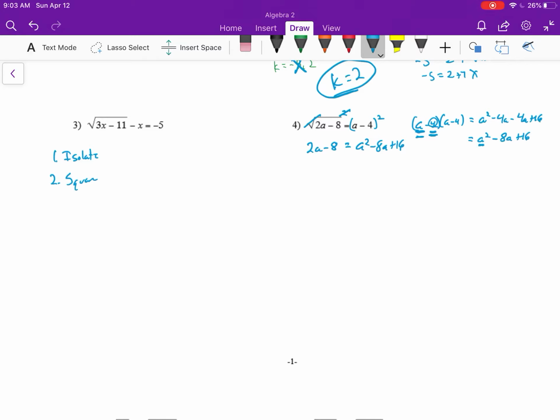We have a quadratic here, so let's get everything to one side. We can do that by subtracting 2a and adding 8. This gives us 0 equals a squared minus 10a plus 24.